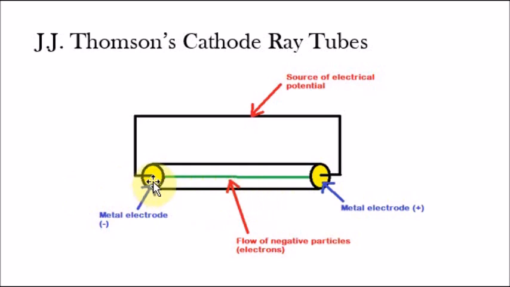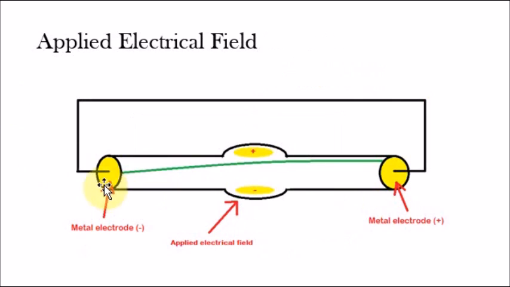Okay, how did he know that these particles are negative? Whenever he put an electric field, he saw that this ray of particles moved up like this, and because they were attracted to the positive end, he knew that they must be negative, right?